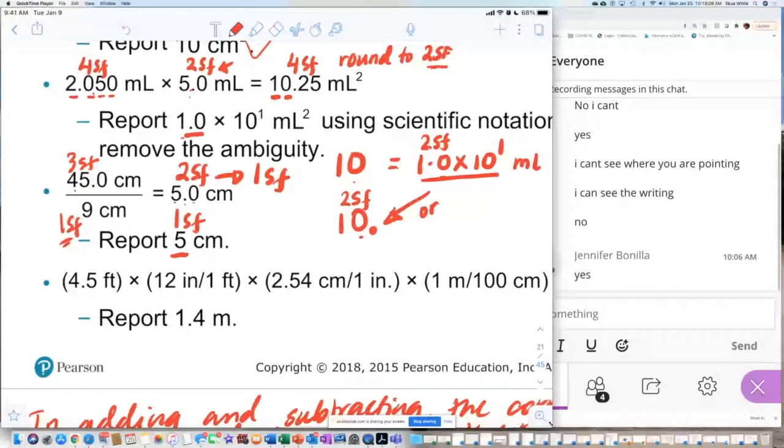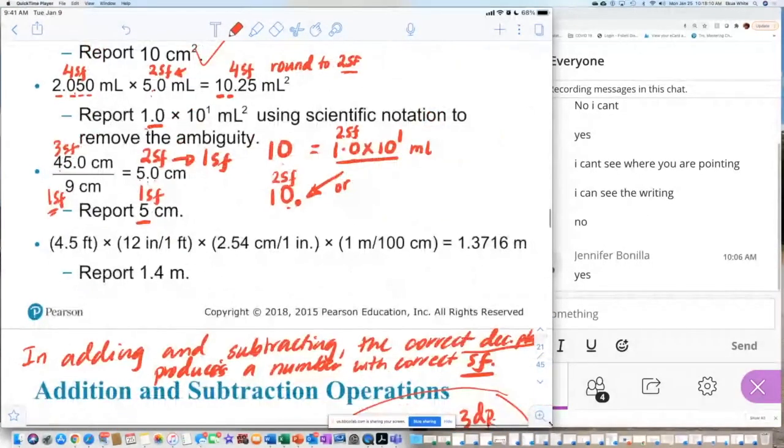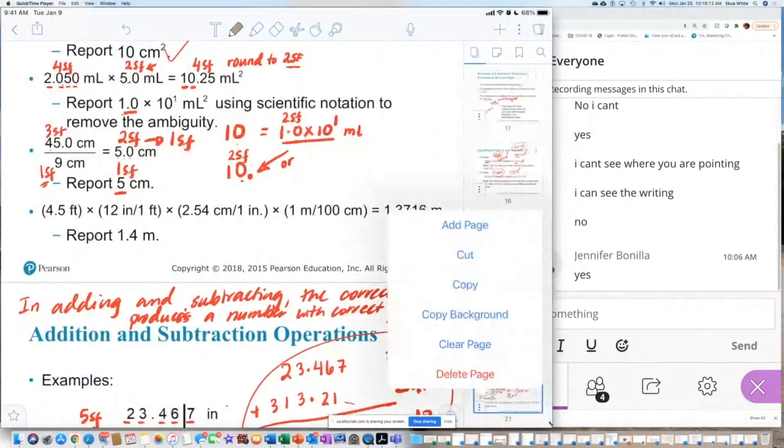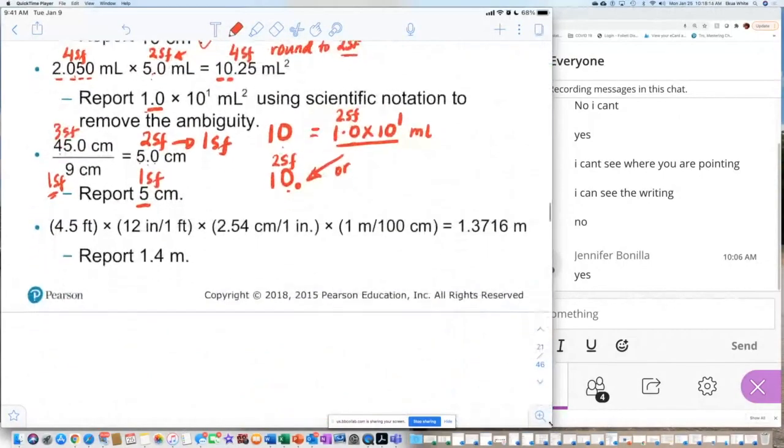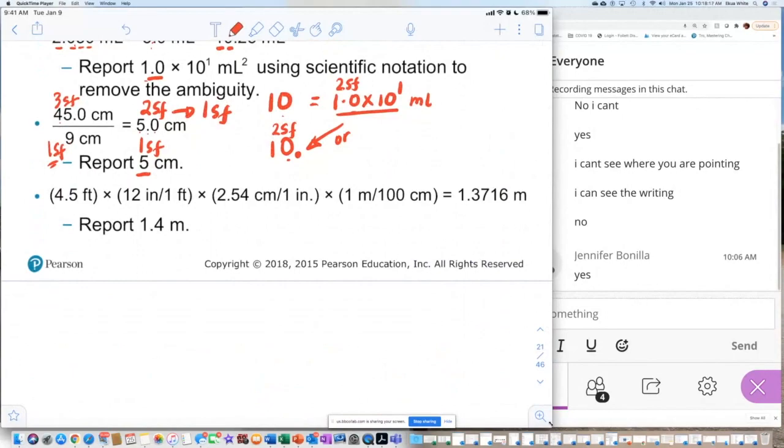Okay, this problem here, let me actually add a page to it so you can see it better. The way it's written right now is hard to see. So this is an example of a problem where they tell you to convert feet to meters. Okay, so I'm writing the question they haven't written. Convert 4.5 feet to meters.